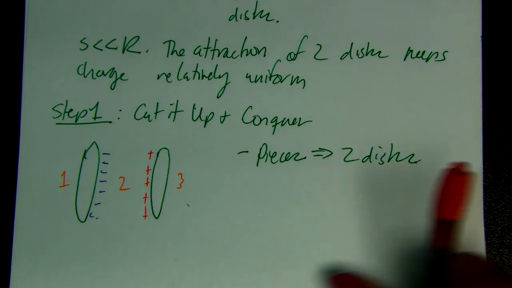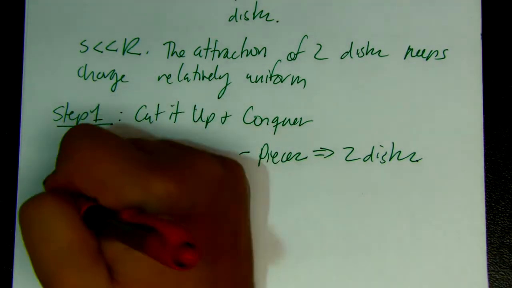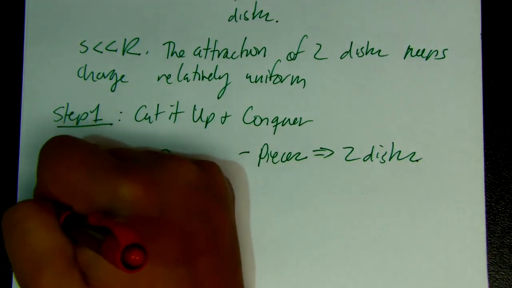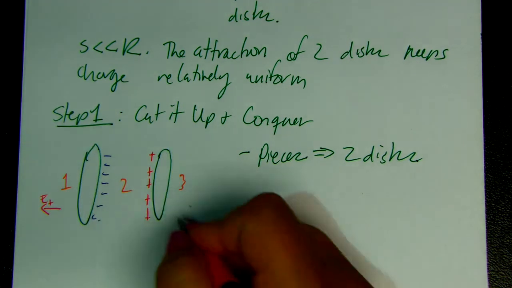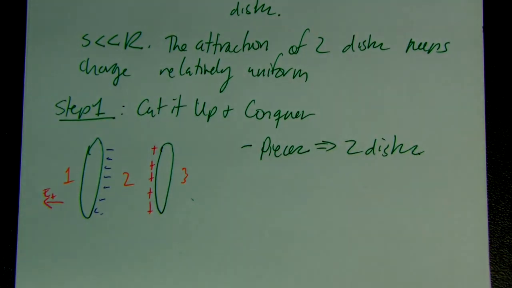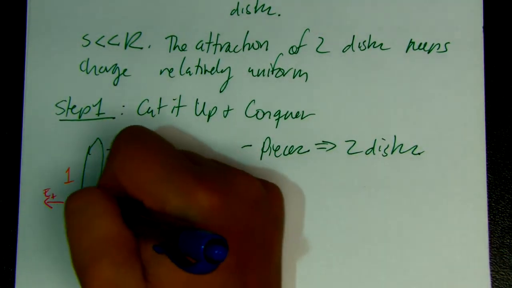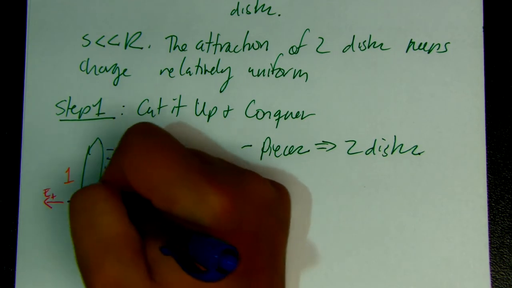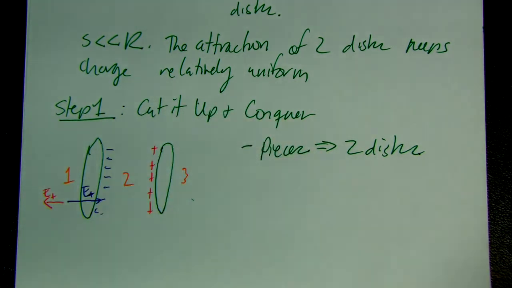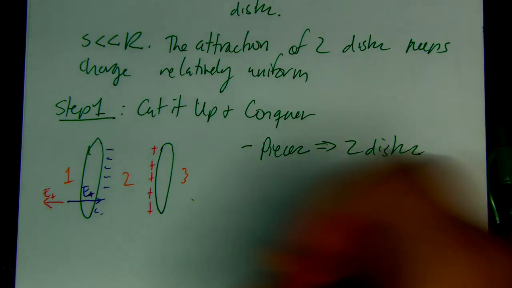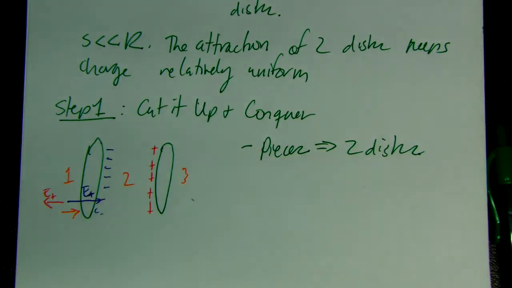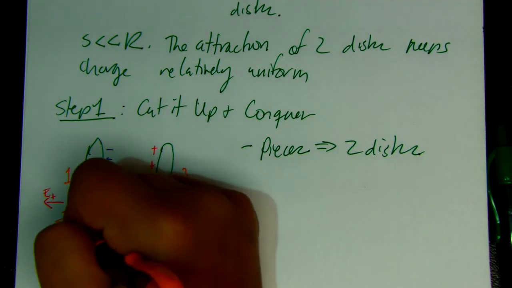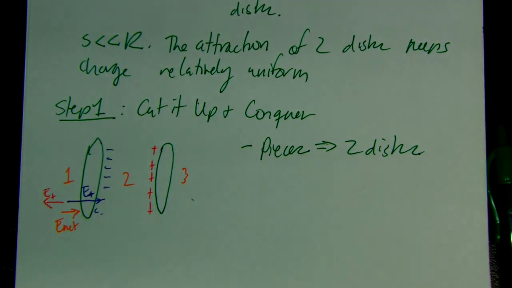So at location 1, from the positive disk, we're going to have a smaller field that's going to be radiating away from the positive disk. And then we're going to have a larger field that's going to be pointing towards the negative. And our net field is in this direction. So our net field will be going to the right. Now let's look at location 3.